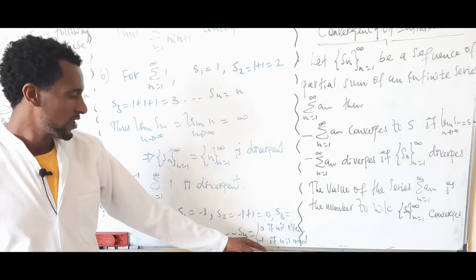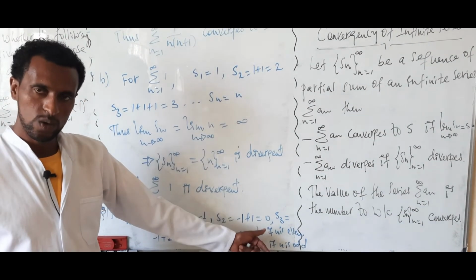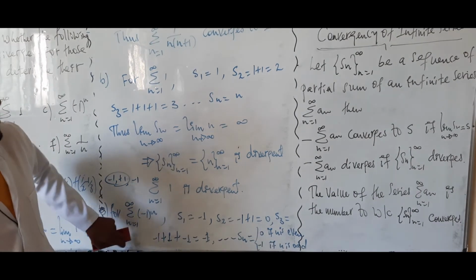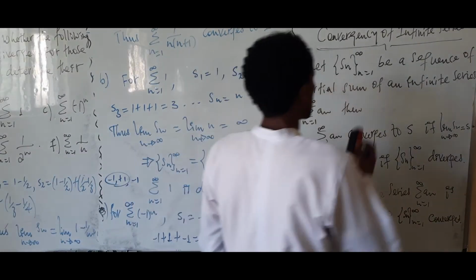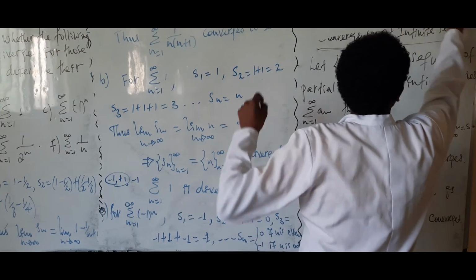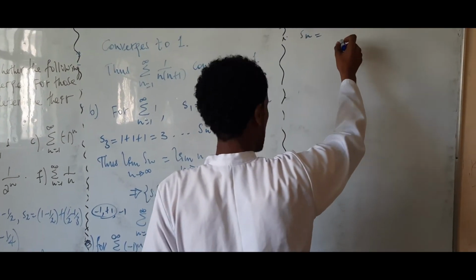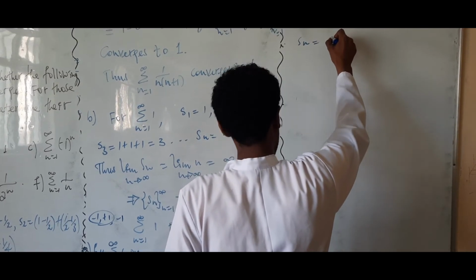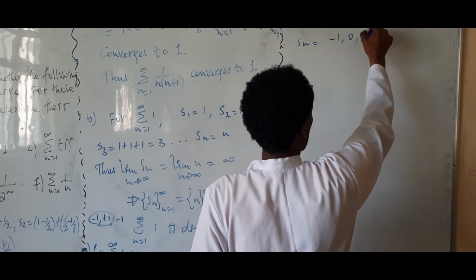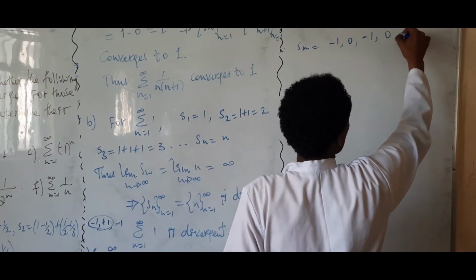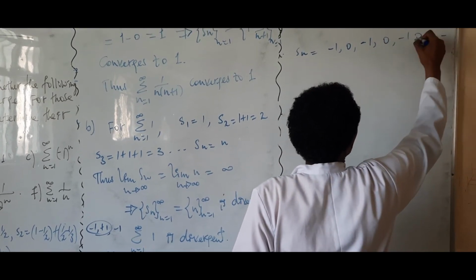When n is even, Sn is equal to 0. So the sequence of partial sums is divergent. This implies Sn is divergent. Thus, Sn is equal to minus 1, 0, minus 1, 0, minus 1, 0, and continues.